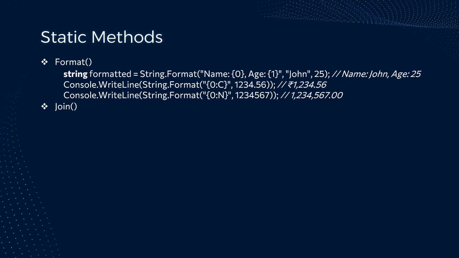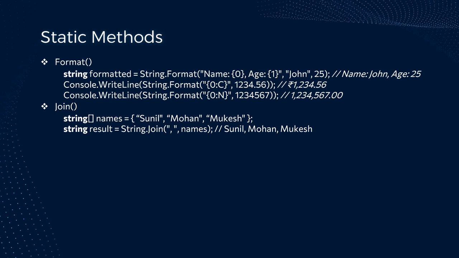Another method is Join, and it works on collections. Here I have taken one array, names, with Sunil, Mohan, Mukesh, and I have written string result equal to string.Join. In the Join method there are two arguments you need to pass. The first is the separator, the basis on which you want to join the strings.